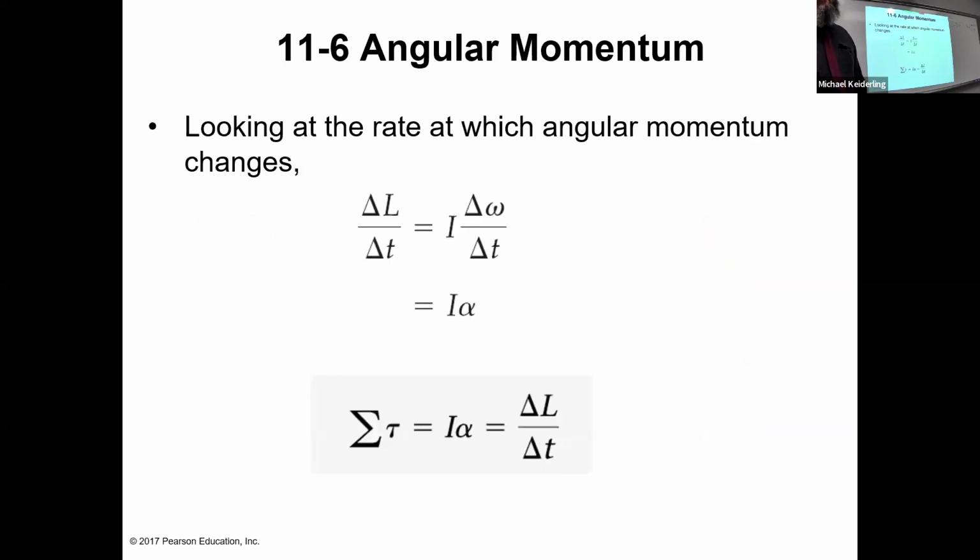And if we look at how angular momentum changes, we end up seeing that the sum of the torques is equal to moment of inertia times angular acceleration, but it's also equal to change in L over change in t.